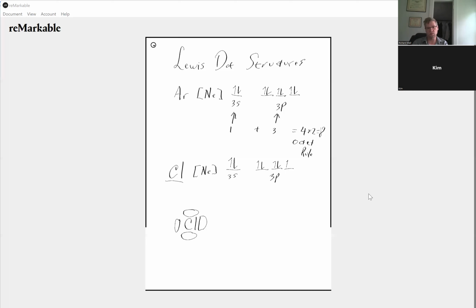So what we're going to do is forget the s and the p orbitals. We're going to combine them into these four regions, which actually mathematically is what happens in compounds. The s and the p orbitals do what we call a hybridization.